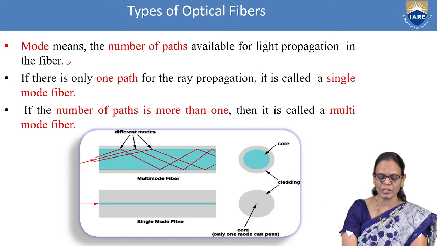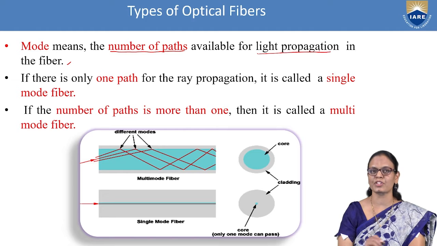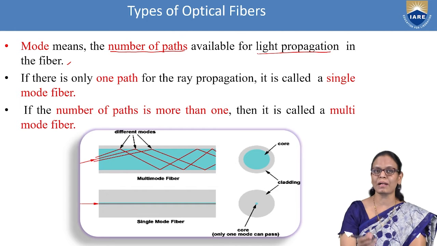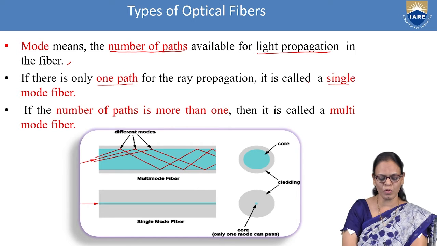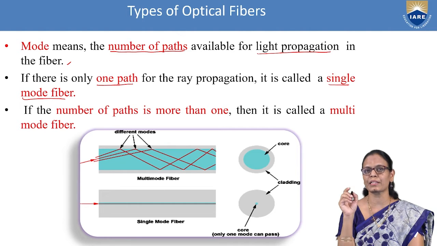Depending upon the number of paths available for light propagation, we classify them as single mode and multi-mode. If there is only one path, you call it single mode fiber, if the light is being propagated only along a single path.